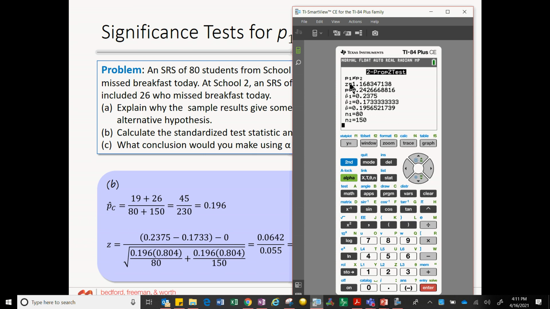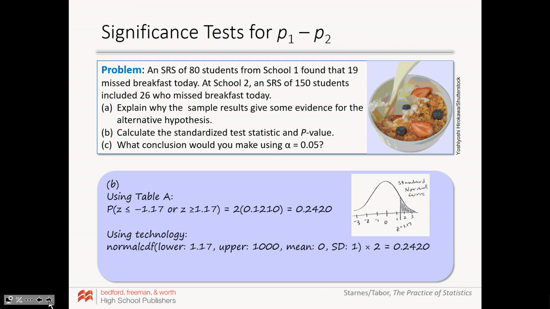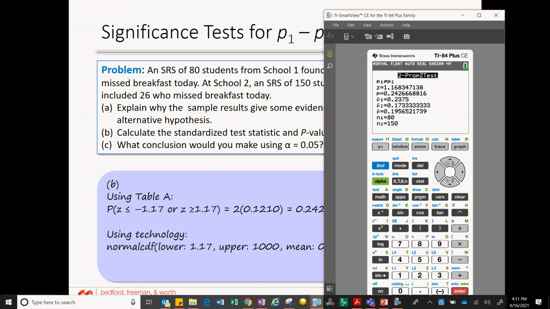So here's the Z-score. Here's the corresponding p-value. Let's make sure that matches up too. My p-value that we got either using the table or the normal CDF function was 0.24. Look, the p-value is here.